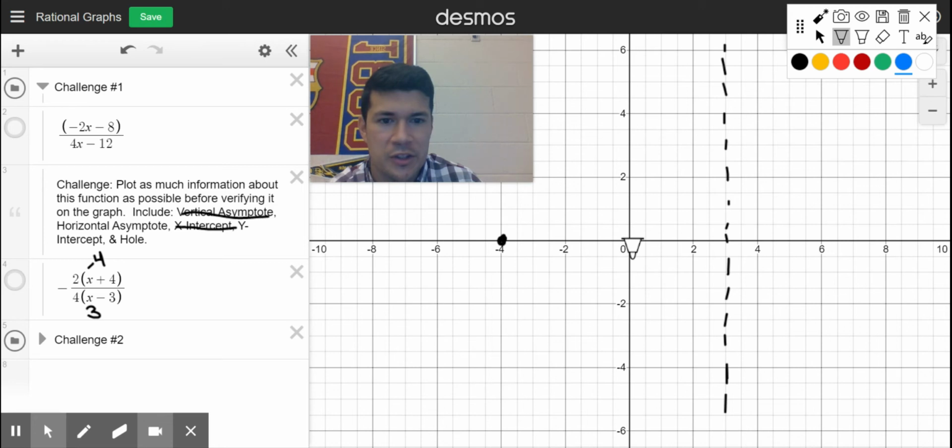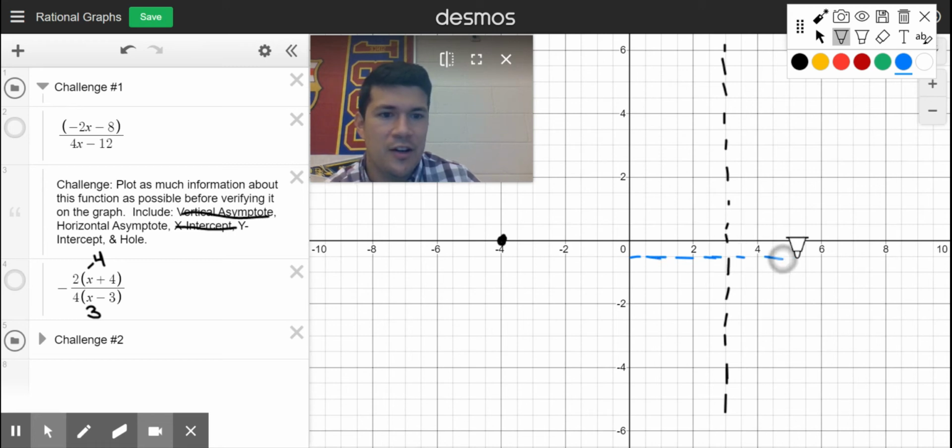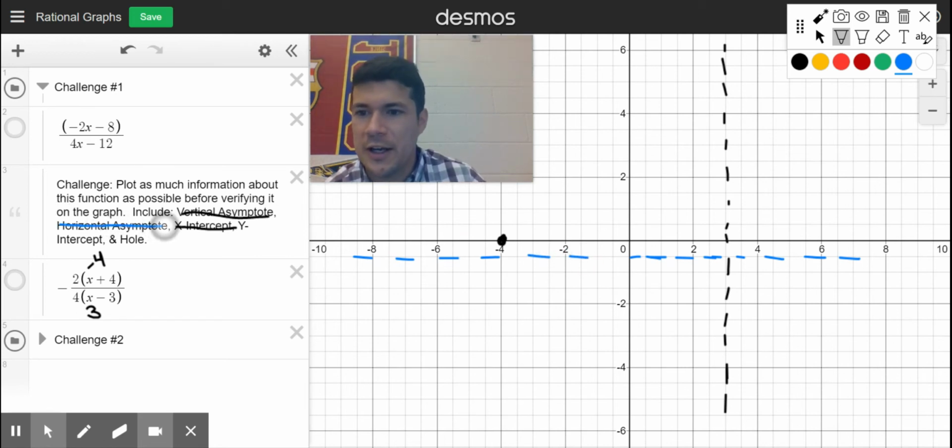So this is negative 1, this is negative 1/2. That means that along this horizontal line, please forgive the lag, all right, along this horizontal line. And so what I'm doing is I'm basically constructing a backbone for this graph because I have a good understanding of the equation. All right, that should be the horizontal asymptote. So I'm going to cross that guy out.